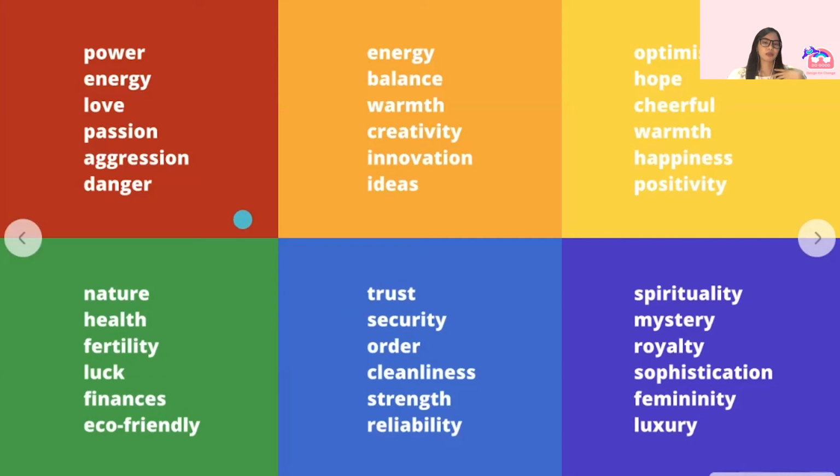If you want something that's a bit more cool and pleasing to the eyes, you can use greens or blues or purples. And if you want something that would cheer you up or make you feel happy, you can use orange or yellow.